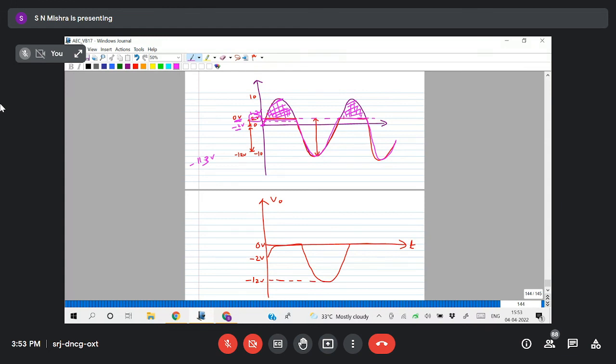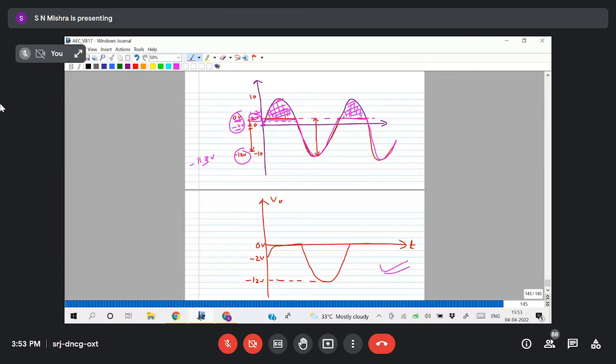But here the change is the limit. If you redraw the input, then you have to change the limit and again redraw the output, because in the exam one circuit will be given, input will be given, you have to draw only the output. That means this is the final graph what you need to draw.